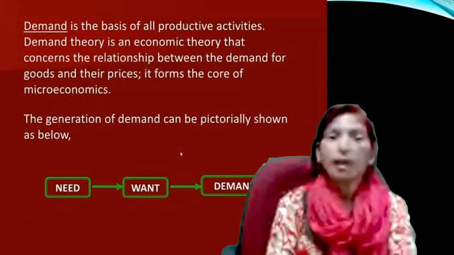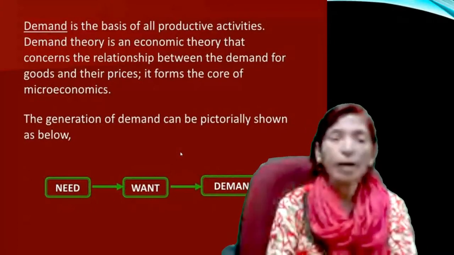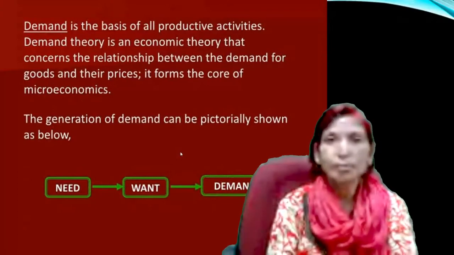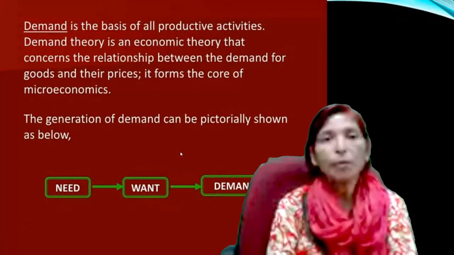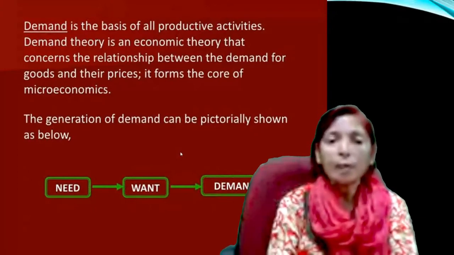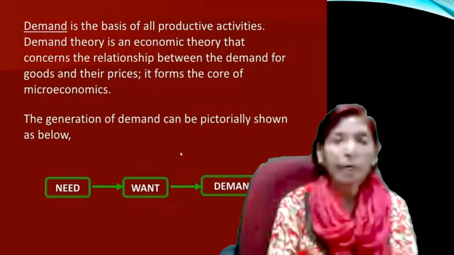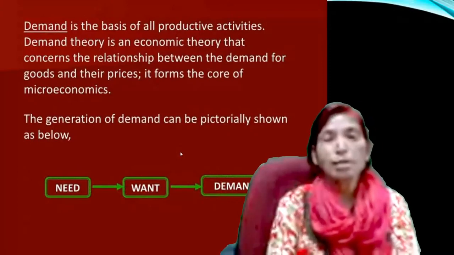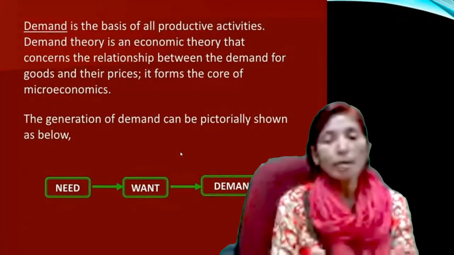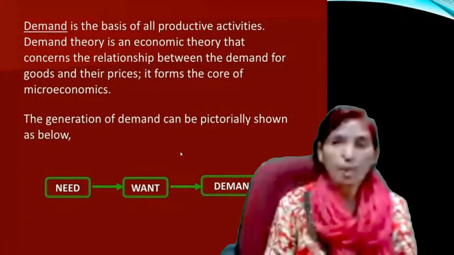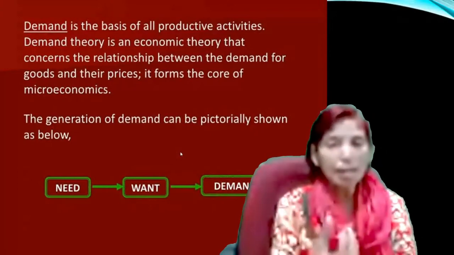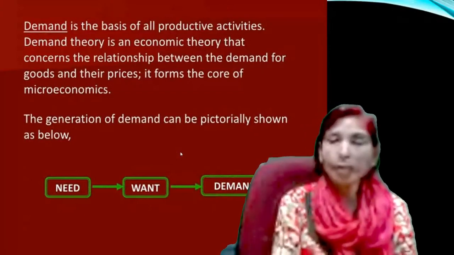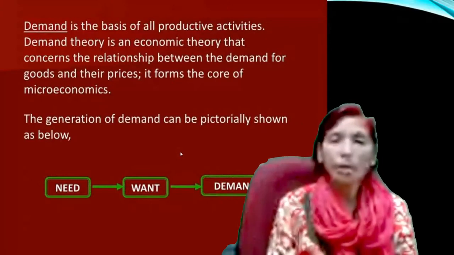In the beginning, demand has four concepts. If you want to create a demand, what things are necessary? Number one, you must have a desire for that commodity. If you have a desire for that commodity, then demand will occur.